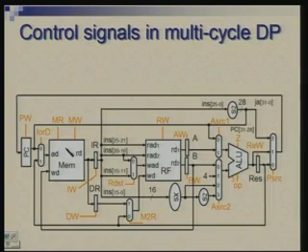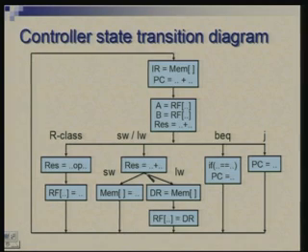So this was the data path we arrived at for the multi-cycle approach. The picture shows all the control signals which are useful for controlling various components, and this is the overall flow chart indicating how the control state changes from cycle to cycle and what action is taken in each control state.